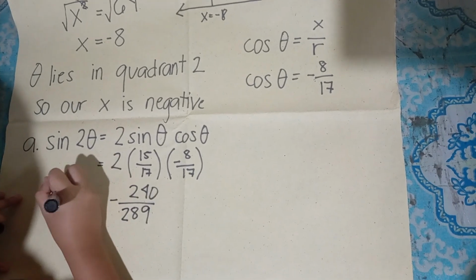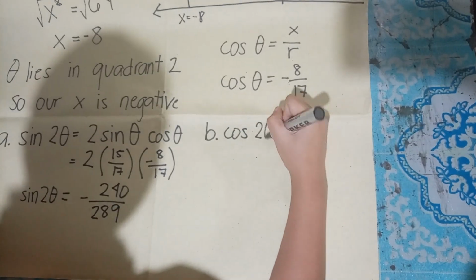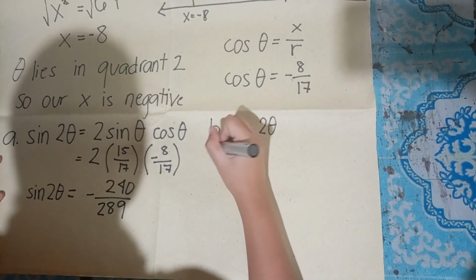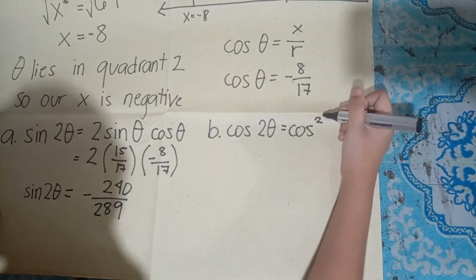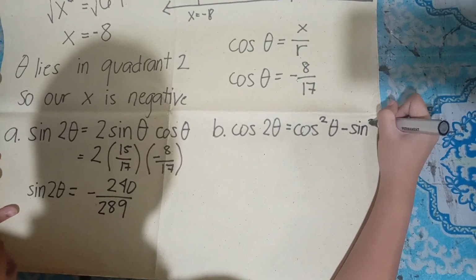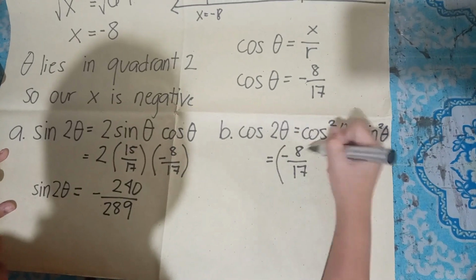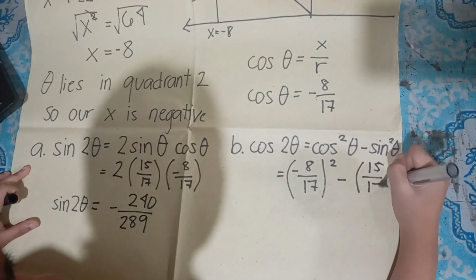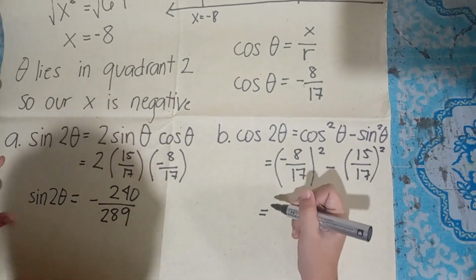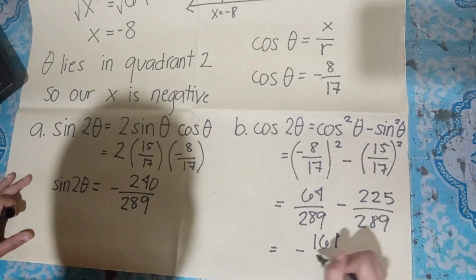So, this is the value of our sine 2 theta. Then now, we can solve for our cosine 2 theta by using also the double angle formula for cosine 2 theta. Cosine 2 theta is equal to cosine squared theta minus sine squared theta. We will just substitute our values of cosine theta and sine theta. So, this is our cosine 2 theta.